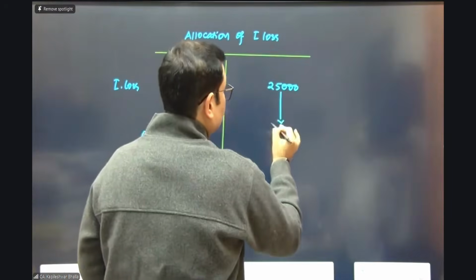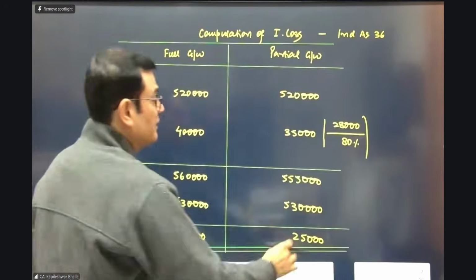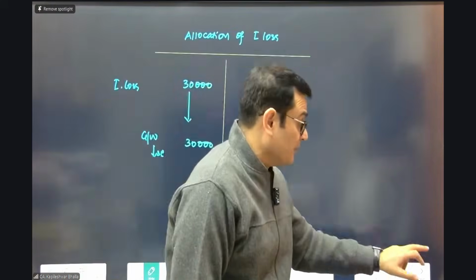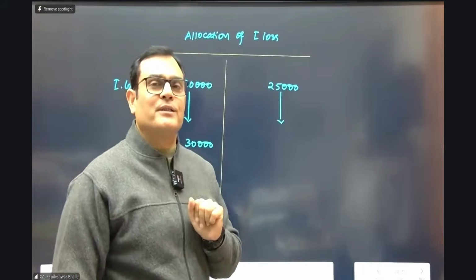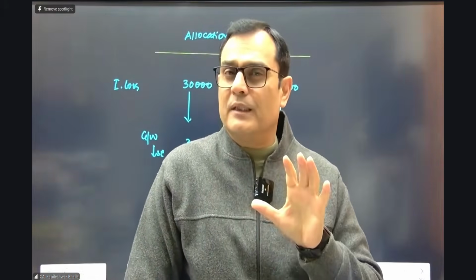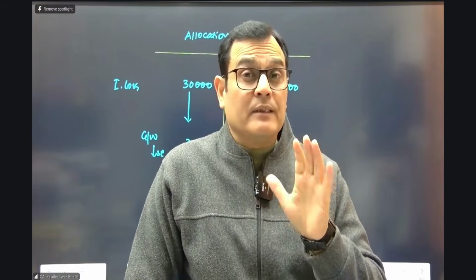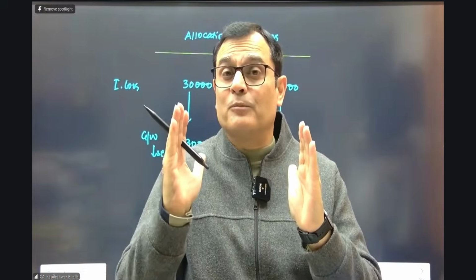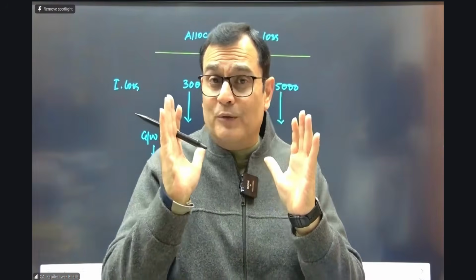Now, coming to the next one. In this particular case, what do you need to do? In this case, the grossed up goodwill is 35. You need to compare this impairment loss with the grossed up goodwill itself. Right now, the impairment loss is 25, which is lesser as compared to the grossed up goodwill. So we can decrease goodwill only.